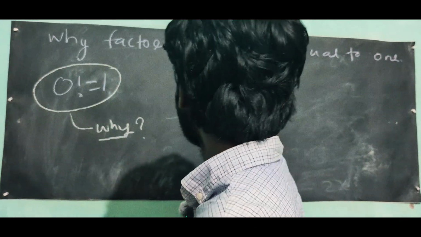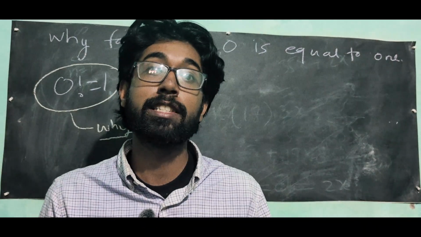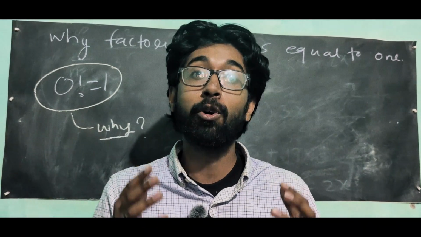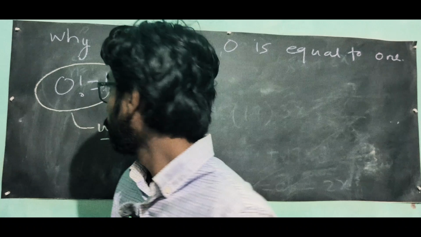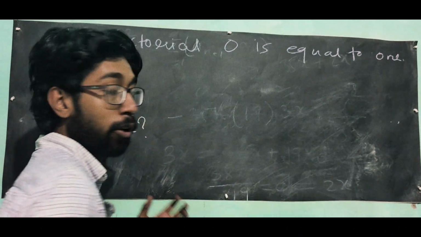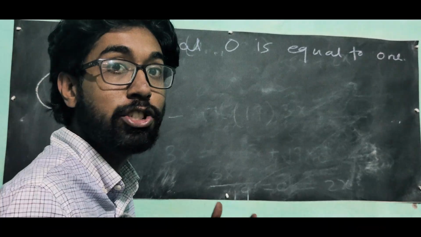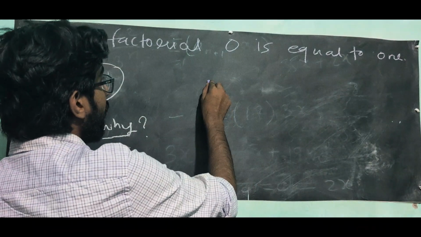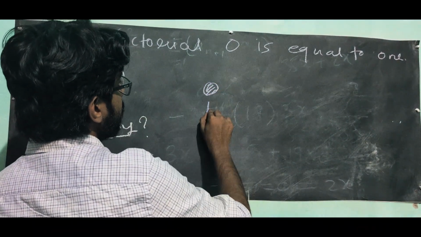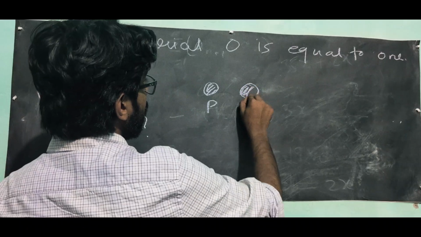First we have to understand what factorial tells you. Intuitively, it tells you in how many ways you can arrange something. For example, I have a purple and a white ball.